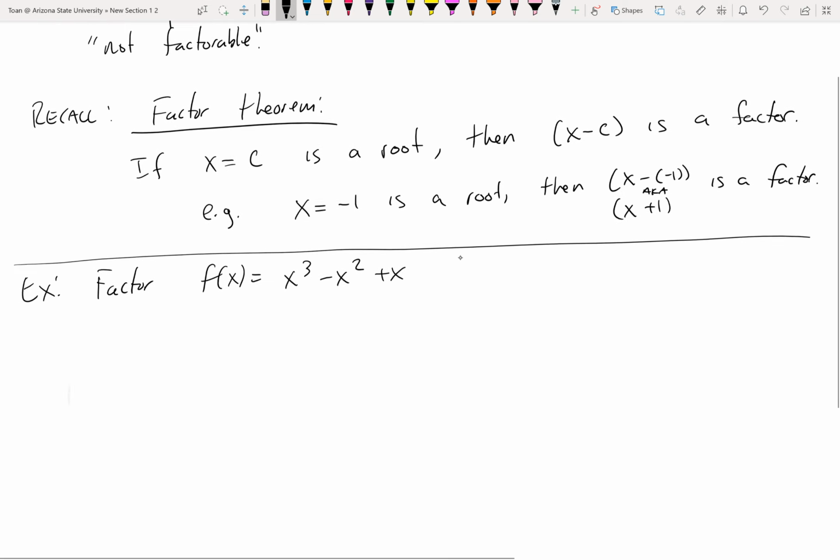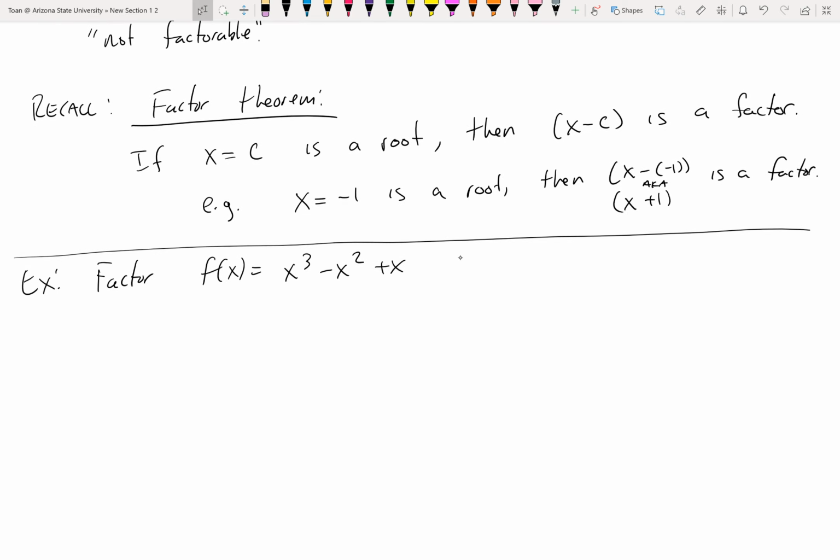Well, the first thing I want to do, since it said factor, is see if I can factor any GCFs. You should always try GCFs before doing anything. Well, clearly they have an x in common, so I know I can factor out an x squared minus x plus 1. And now all I have to do to answer the question, completely, that's important.